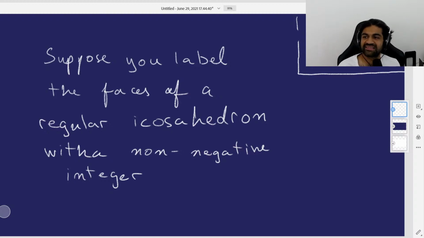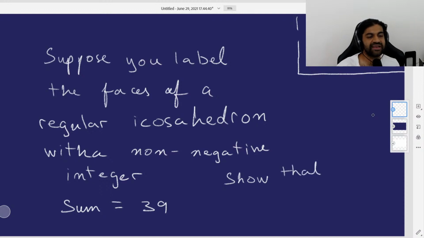So 0 is allowed, okay? You label the faces in such a way so that the sum is 39. You want to show that two faces that share a vertex have the same label.